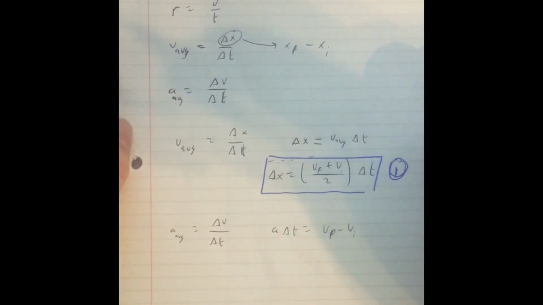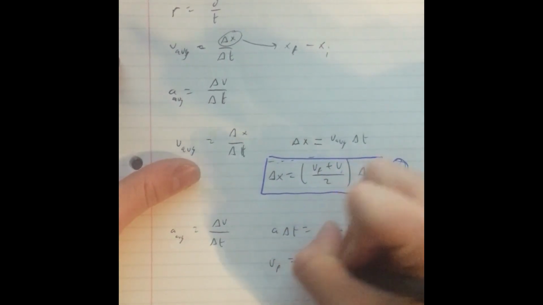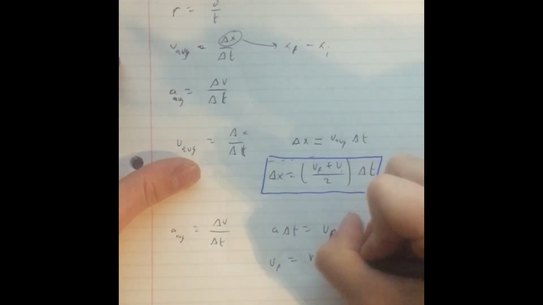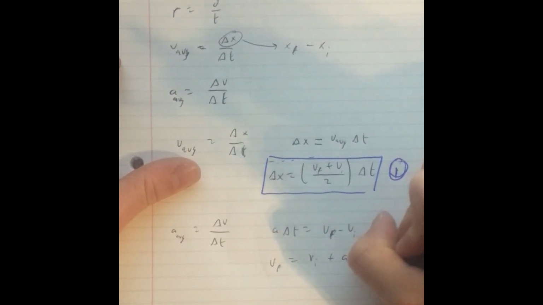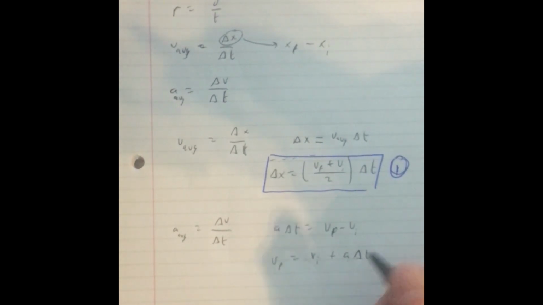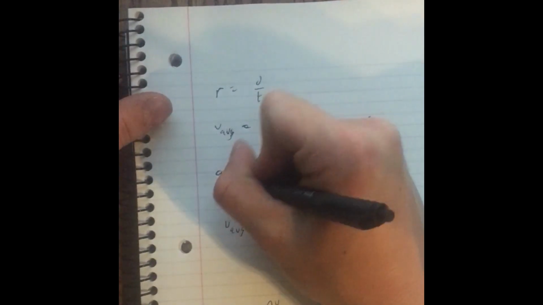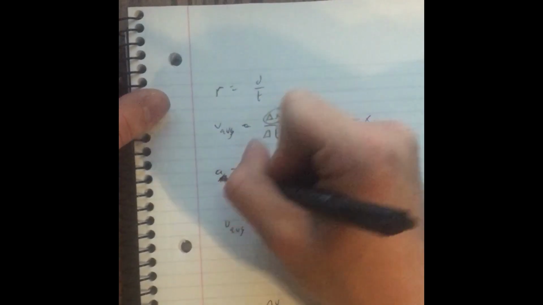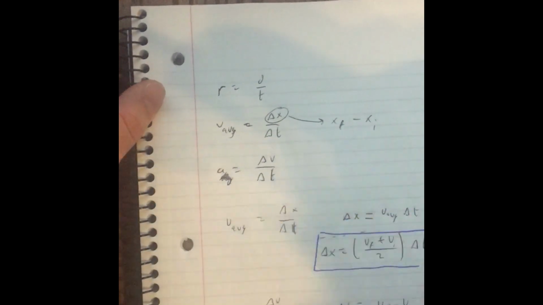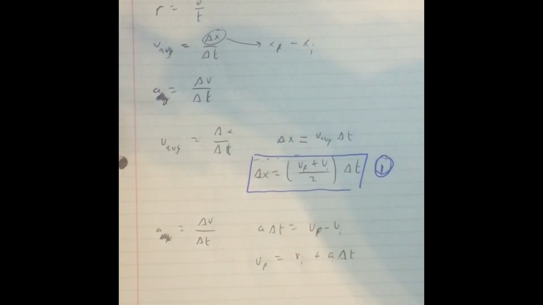And now we're going to rearrange this to find final velocity, and it's just going to be initial velocity plus acceleration times change in time. And this will be average acceleration. Acceleration has to remain constant for all of these equations, so actually this won't be average acceleration because acceleration will always be the same, unless you're in a more advanced physics than AP Physics 1.